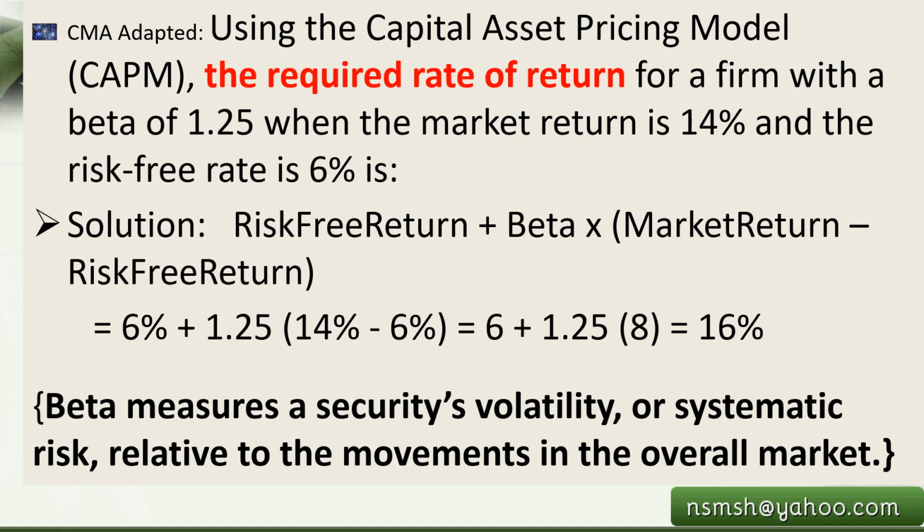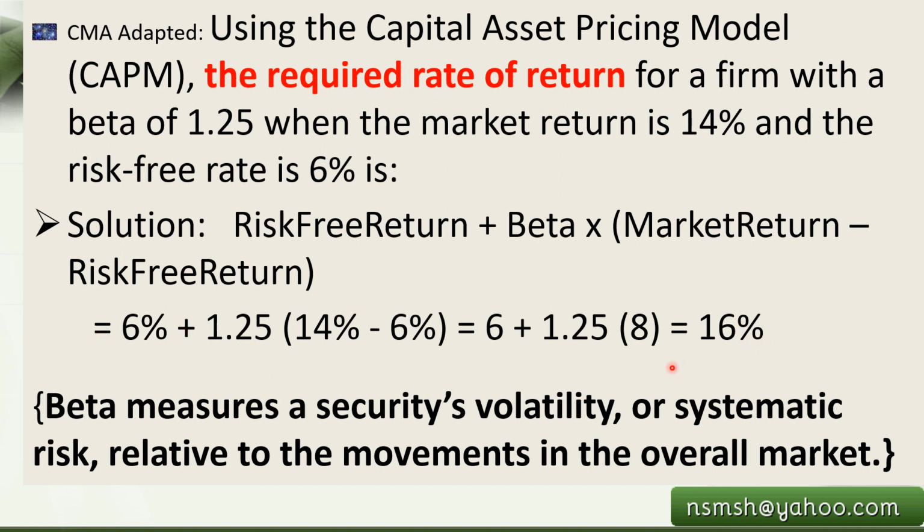Taking that example, here we take the risk-free return of 6%, and then the beta-adjusted 14% market return minus that risk-free return, so we get 8%. Multiplying 8 by 1.25 becomes 10, so 10 plus 6 is 16%.